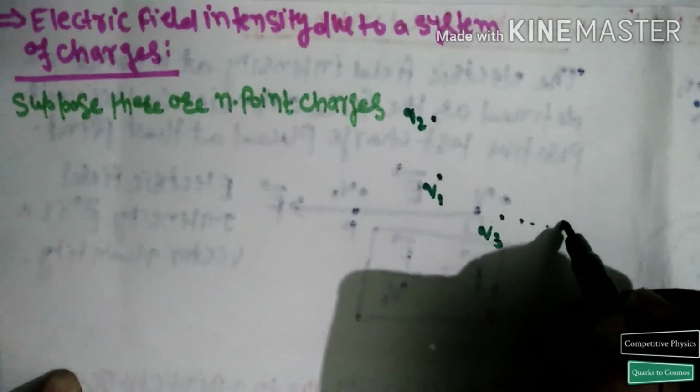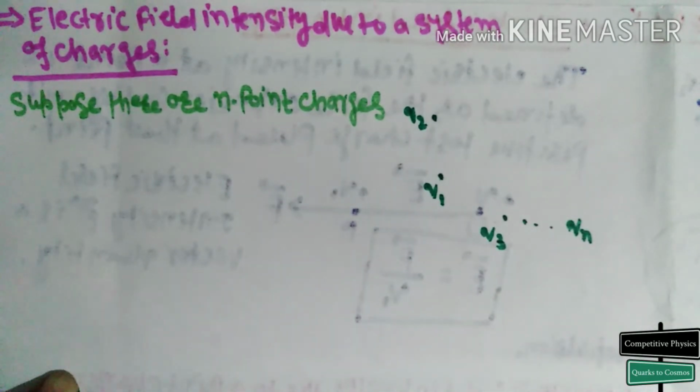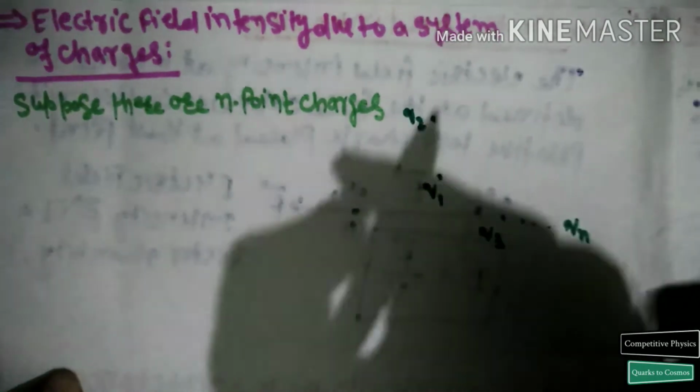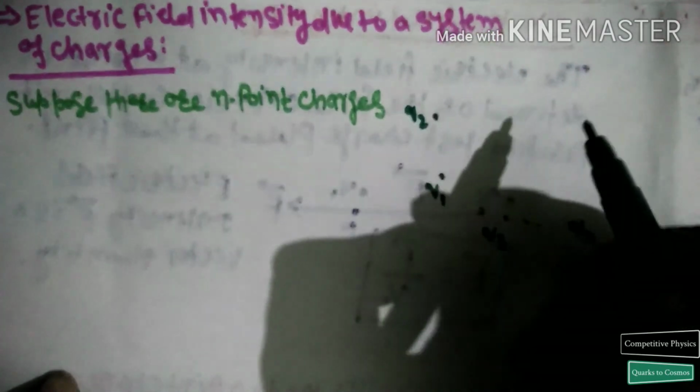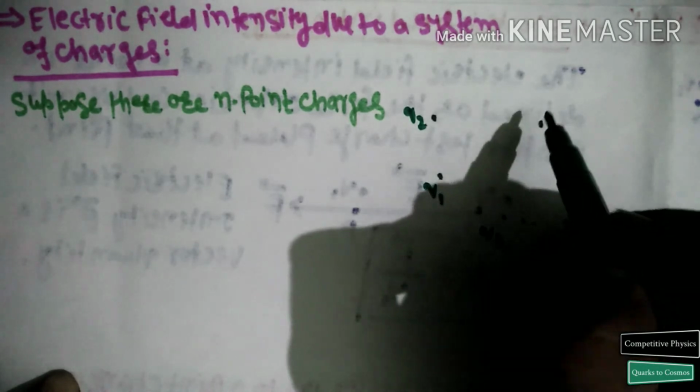Here suppose the nth charge qn is here. And we need to find the electric field intensity at some point P here.